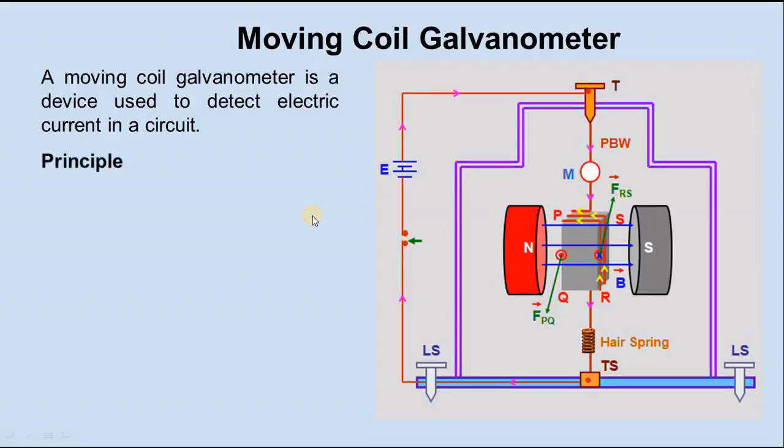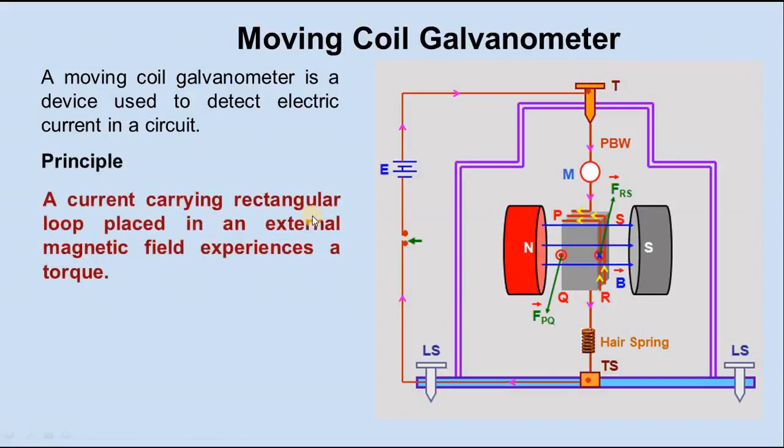The principle: a current carrying rectangular loop placed in an external magnetic field experiences a torque.